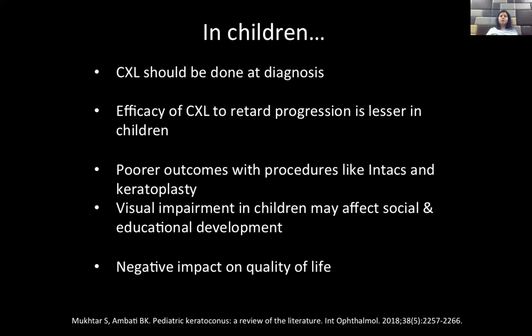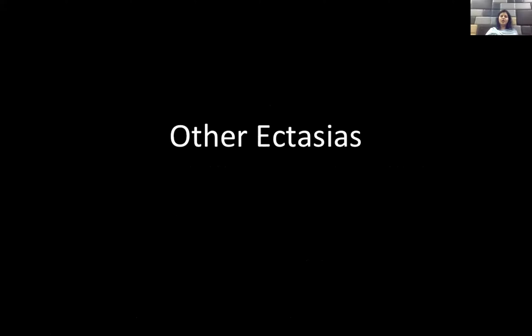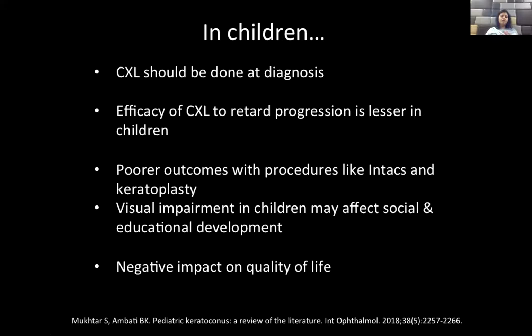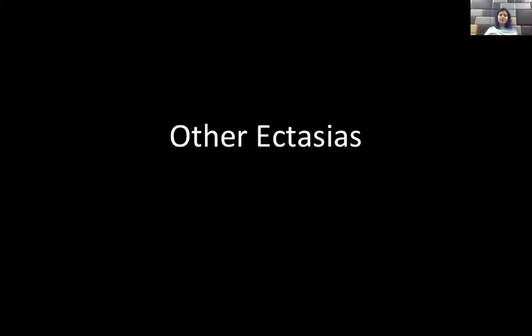If you try to do procedures like Intacs or keratoplasty, again there are poorer outcomes as compared to adults. Also, with the high risk of amblyopia, the visual impairment in a growing and developing child affects their social and educational development, and it has a negative impact on the quality of life. So with this, we are done with keratoconus per se. Now let's just have a brief overview of the other ectasias.